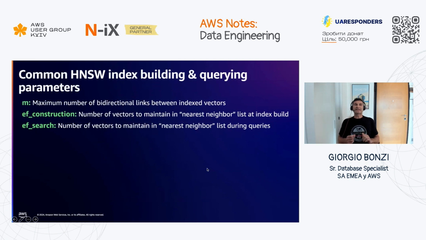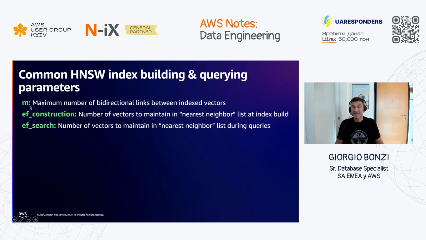Okay, well done. But let's see how we can influence the recall. As we have explained before, you can use this index to execute an approximate nearest neighbor search. You also have the capability to influence the accuracy of the result, leveraging 3 parameters. The first 2 parameters are configurable during the index creation.